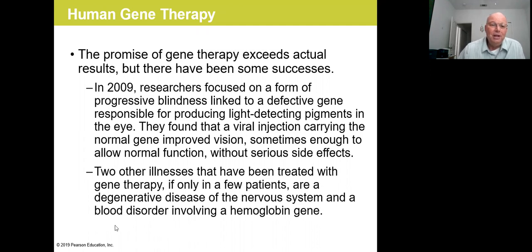This was a treatment targeted at sickle cell, and there was only 1 or 2 patients, I believe, involved in the study. And then the degenerative disease of the nervous system, that was multiple sclerosis, I believe, was the condition that was being targeted there.